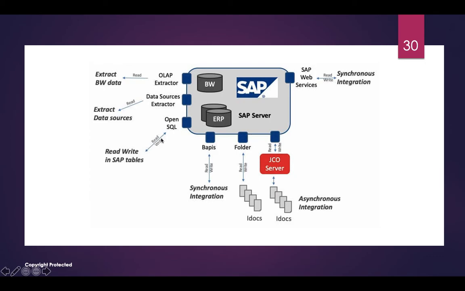Using either business process integration BAPIs, or IDOCs, or JCO, that information is brought from those tables to the transaction database. And then finally we use an OLAP extractor to read the BW data, and from there the data will go to the analytics.